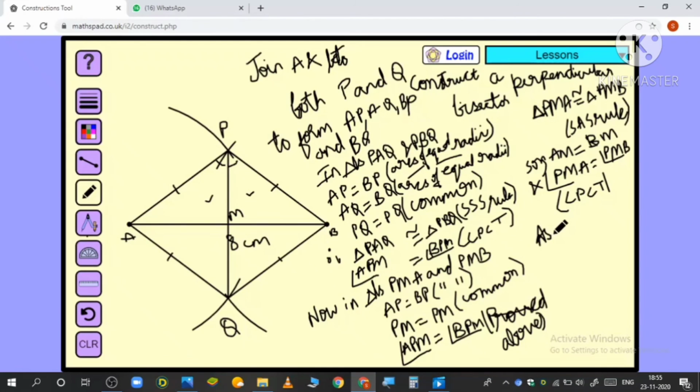Also angle PMA plus angle PMB is equal to 180 degrees. You can see they are a linear pair. Reason is using the linear pair axiom. We can say that angle PMA plus angle PMB is equal to 180 degrees.